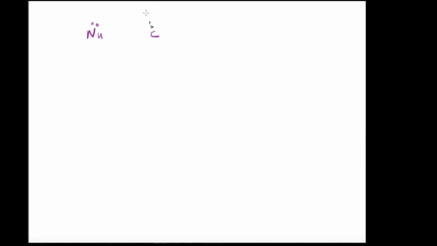So here's my hydrogen, and then we're going to have R1, and then we have R2, and then we have the leaving group, LG. Actually, I want to change this R2 a little bit. I'll make it more straight down here. So we're going to have R2.